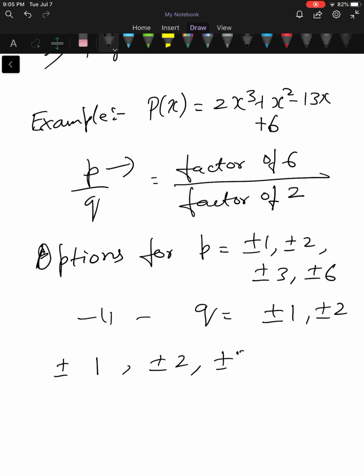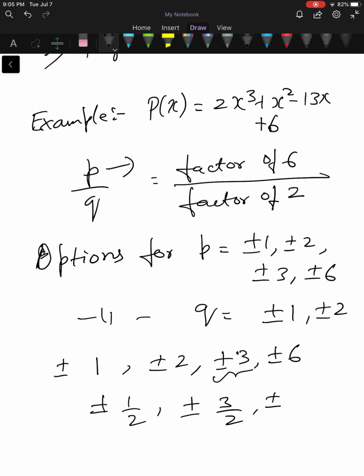And plus or minus 3, and plus or minus 6 over 1, and plus or minus 1 over 2, and plus or minus 2 over 2, that is 1 again, so we need not consider this. And plus or minus 3 over 2, and plus or minus 6 over 2. 6 over 2 would be 3.